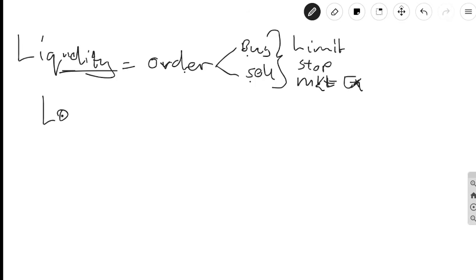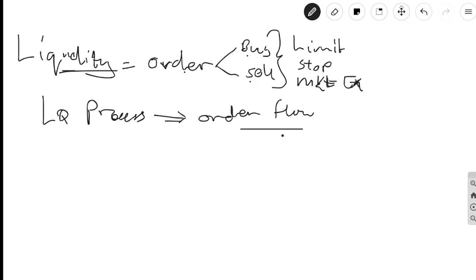Now, the liquidation process starts from the process of the order flow. The order flow is just the environment created for you, a trader, to simply place orders.